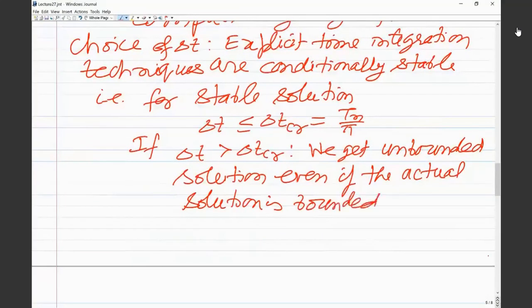That's actually the problem. So we have to have delta t smaller than a certain critical value, usually taken as Tn upon pi.